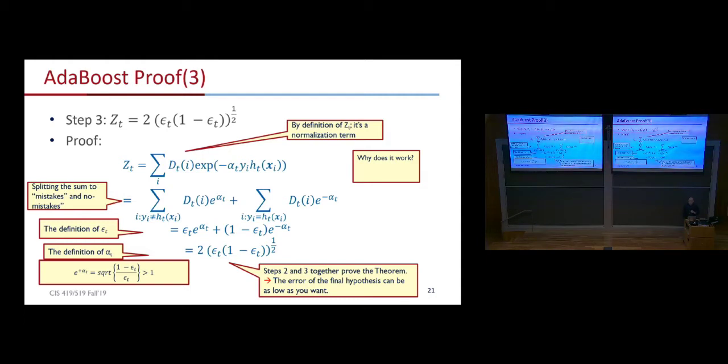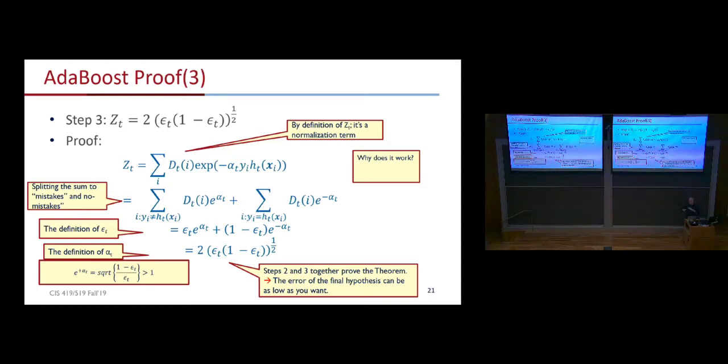So what does it mean that we rely on the weak hypothesis? What are we assuming on the weak hypothesis? It's guaranteed that its error is less than half, always. So for any distribution that you feed it, you have a weak hypothesis, which, if you think about it, is a very, very strong assumption.